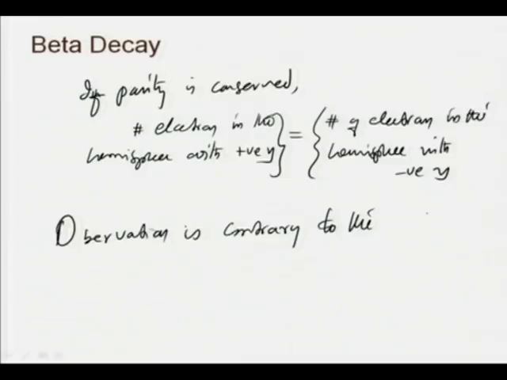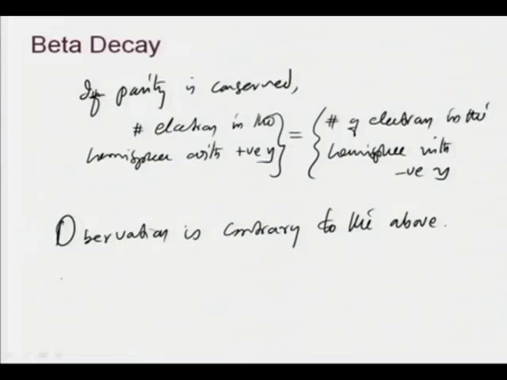Which means if you consider the number of electrons coming in the positive y direction and the number of electrons coming in the negative y direction, this is not the same. So, this says that parity is not conserved in such decays. Okay. In fact, parity is not conserved.